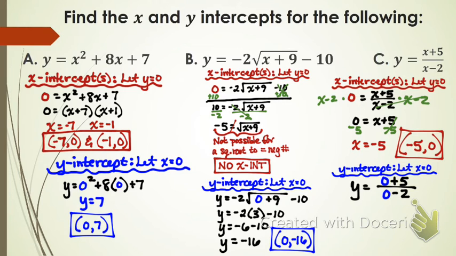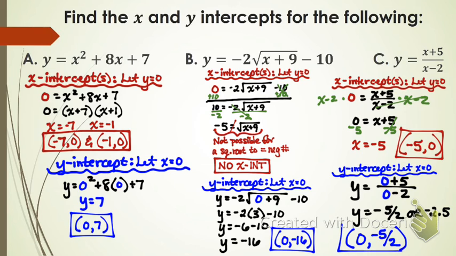So how's that going to simplify? Negative 5 halves. Absolutely correct. So I have y equals negative 5 halves, or you could write that as negative 2.5 if you wanted to. So 0, negative 5 halves. Beautiful.